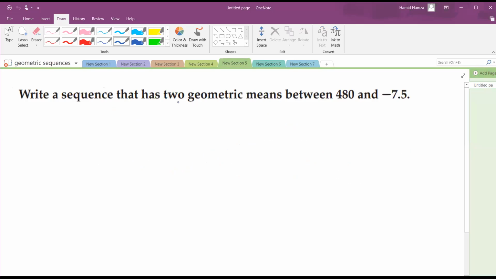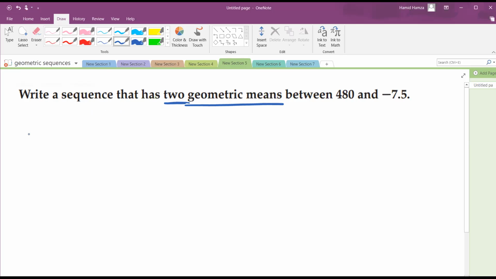Also here, you will be asked to insert a geometric mean between two terms, like we studied in the arithmetic sequence, but in this case we deal with a geometric sequence. How many geometric means do we want to insert? 2.